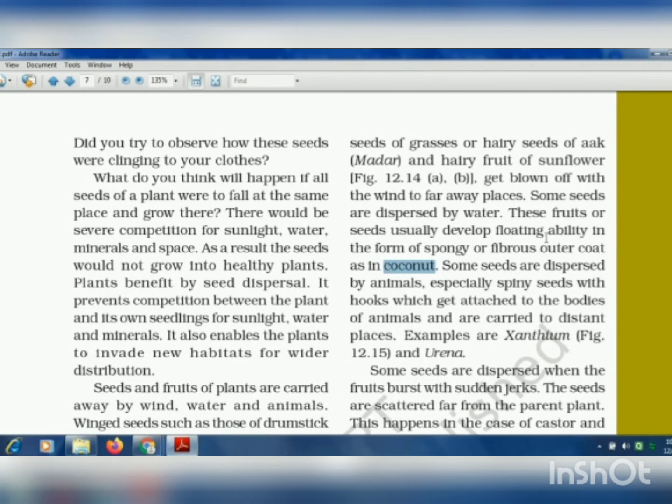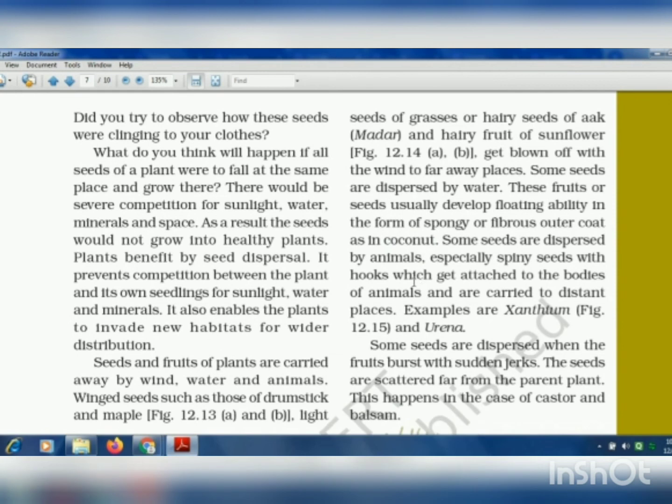Okay, so these fruits or seeds usually develop floating ability in the form of a spongy or fibrous outer coat, as in coconut. Okay, so the coconut seed is transferred from one place to another by the method of water.